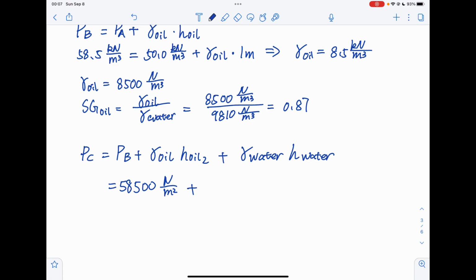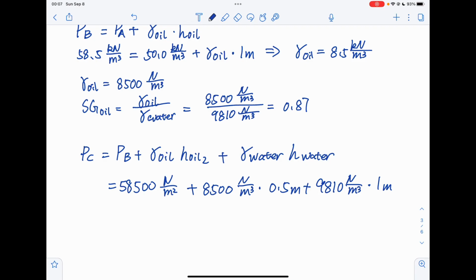Plus cube times 0.5 meter plus 0 meter cubed times 1 meter.